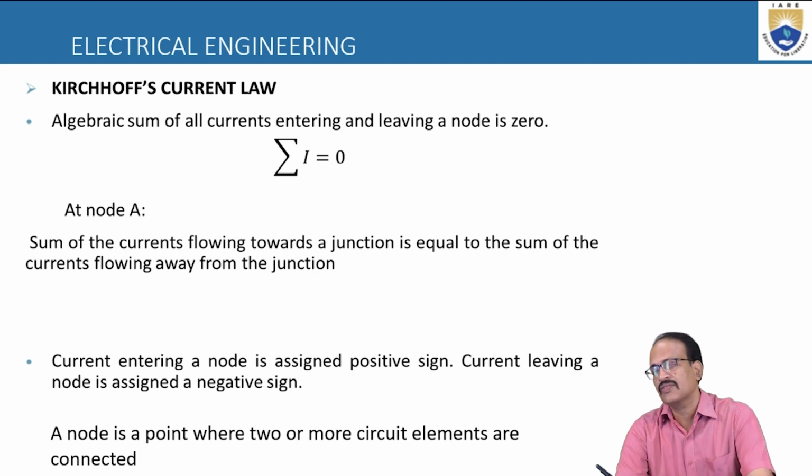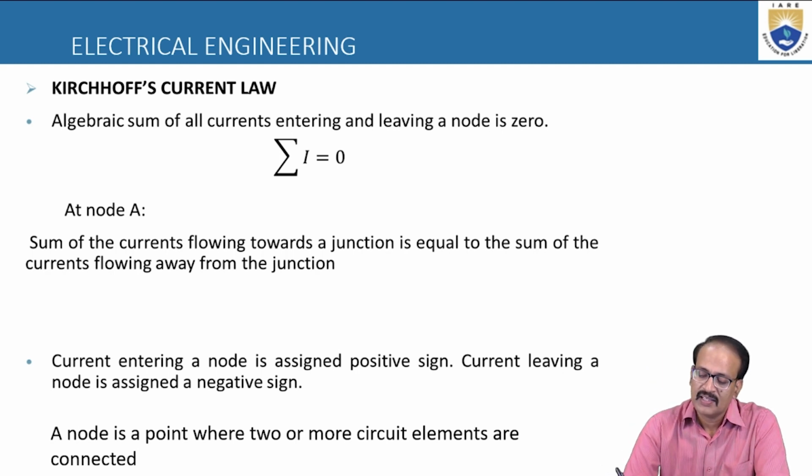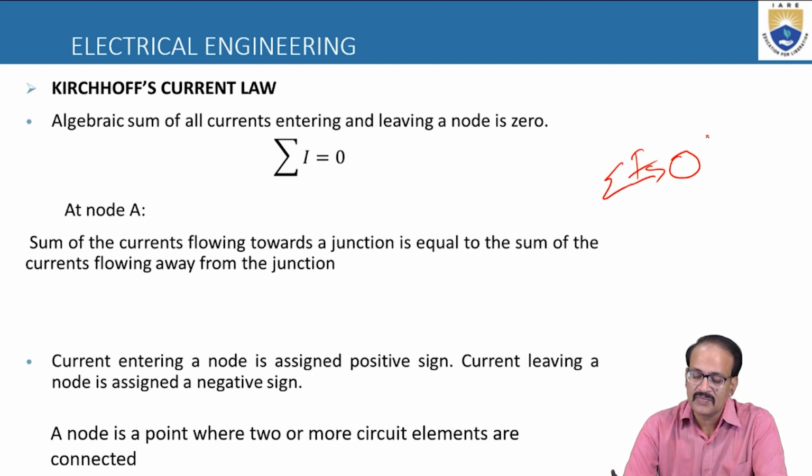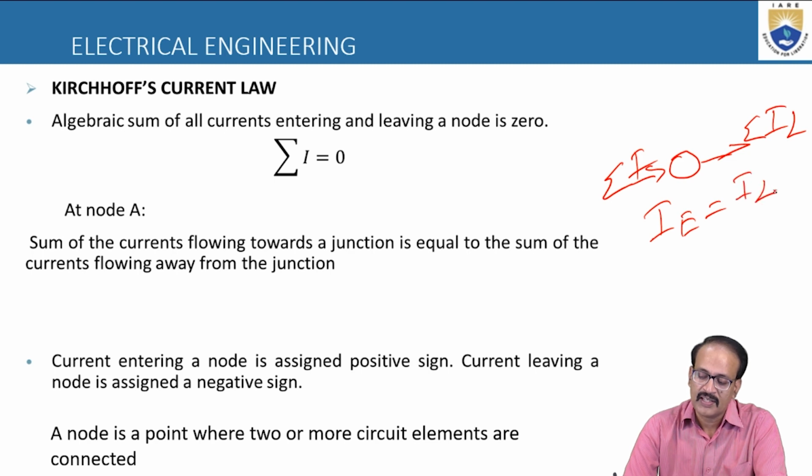Or we can say the same thing as the sum of the currents entering at a node and the sum of the currents leaving at a node. So the sum of the entering currents is equal to the sum of the leaving currents.